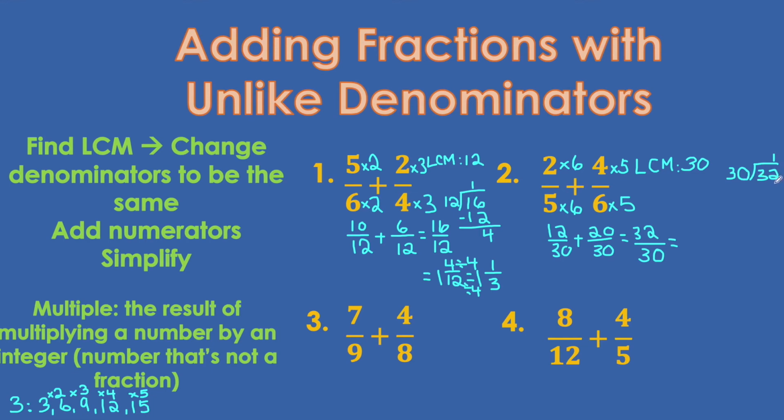30 goes into 32 one time. 1 times 30 equals 30. Make sure you put your subtraction sign.